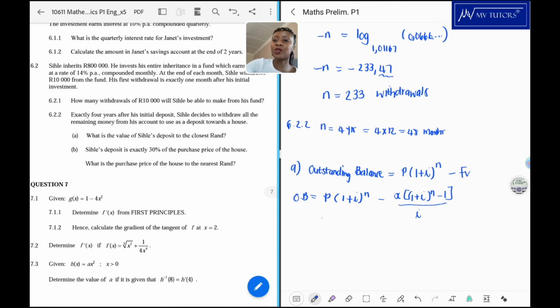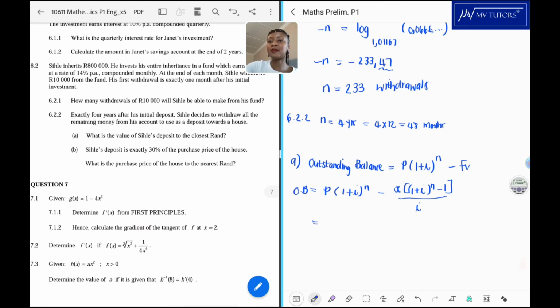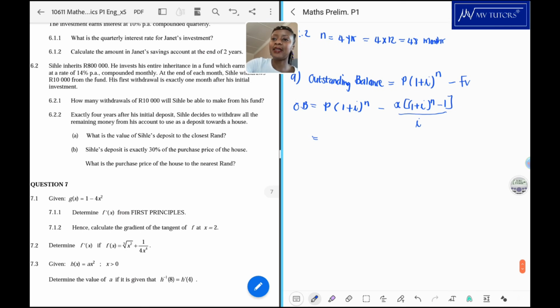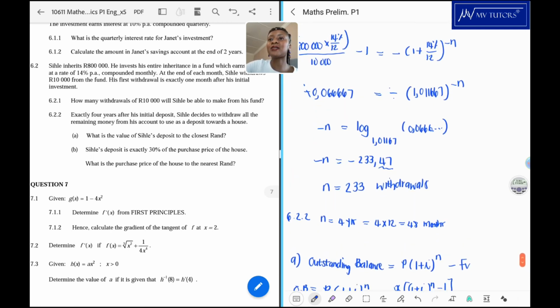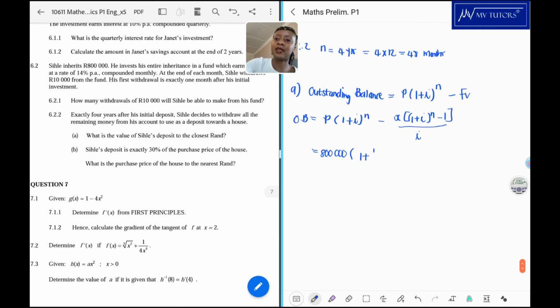The value for P is 800,000, and 1 plus the interest rate that we had, it is 14%, okay, compounded monthly.